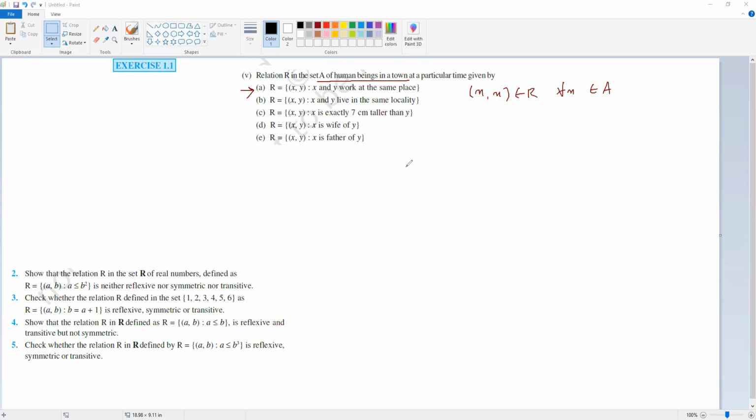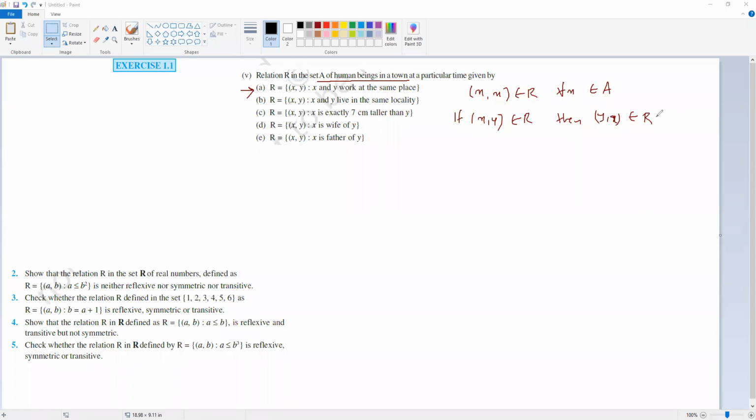So it is reflexive. What about symmetric? देखो, it is symmetric. x comma y belongs to a relation में है, मतलब x and y are working at the same place. So then y comma x is also in the relation because x and y are working in the same place, मतलब y and x are also working in the same place.